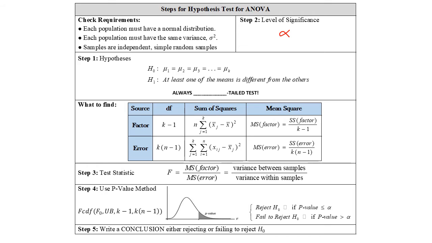Like we mentioned earlier, the null hypothesis is that all the means are equal, where we have k different samples, and at least one of the means is different from the others is our alternative hypothesis. We'll see down below that the distribution we're using is the F distribution, and when computing the p-value, it'll always be a right-tailed p-value.